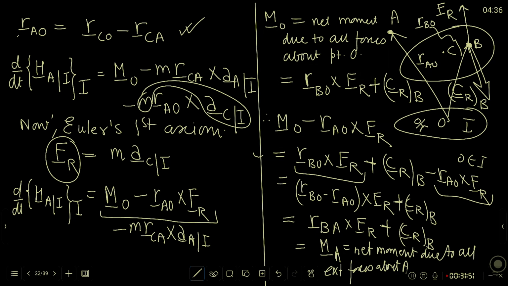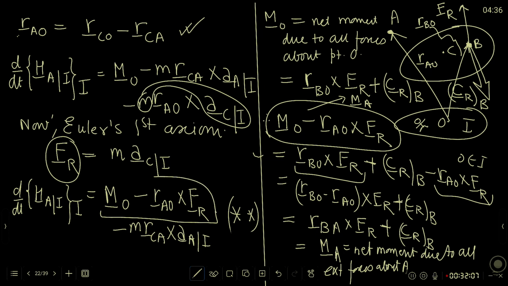Now come back here. I call this equation 2 star. This must be MA. This is what I have just proved. Okay, so the conclusion is, this is what I wanted to prove.